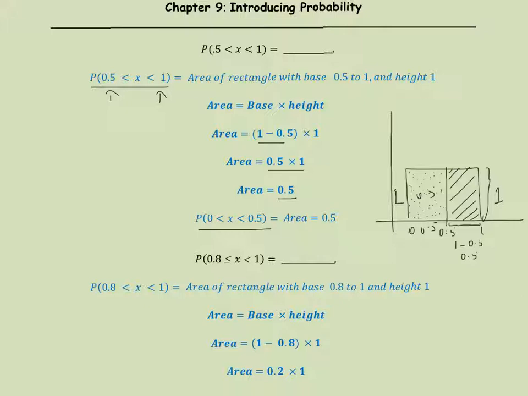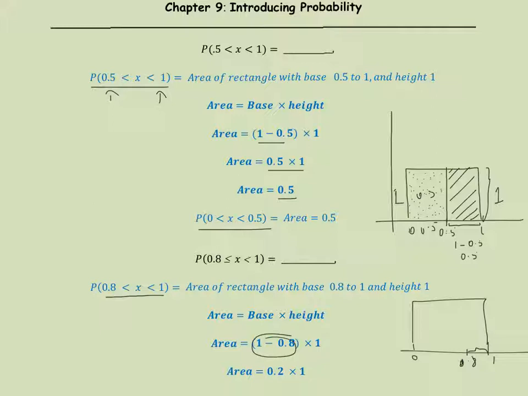So look at the next problem. Find the probability that a number lies between 0.8 and 1. So now let's look at the probability density curve between 0 and 1. Now let's see what area corresponds to this event, picking a number from 0.8 to 1. So 0.8 to 1, that's the base of the rectangle.